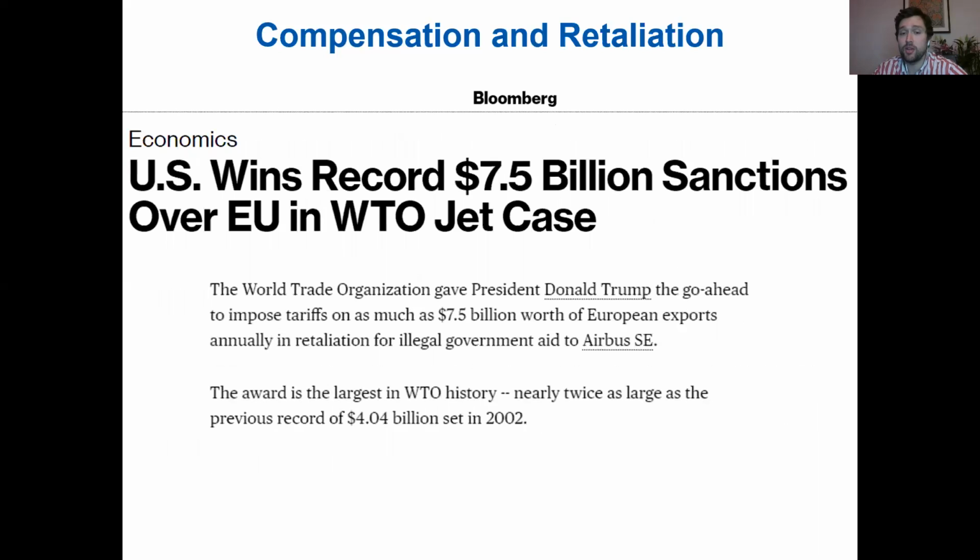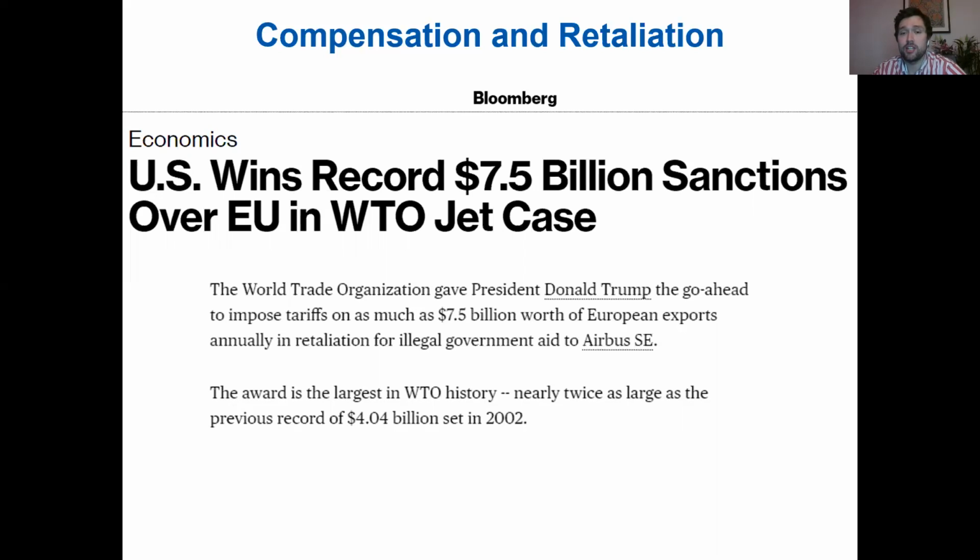Just recently, again, 2019 story, US wins record 7.5 billion sanctions over EU in the WTO GATT case. That is the story we mentioned several times, Airbus, Boeing dispute on subsidies.